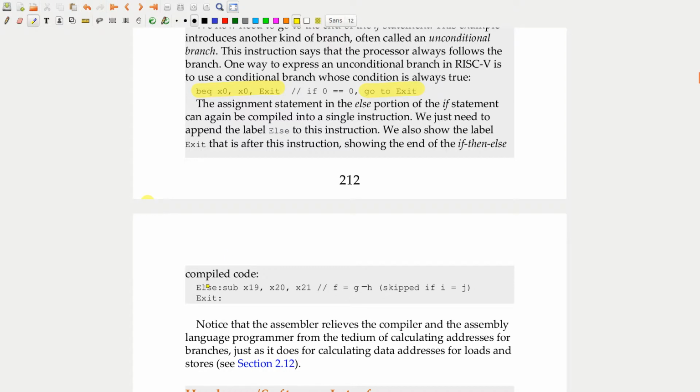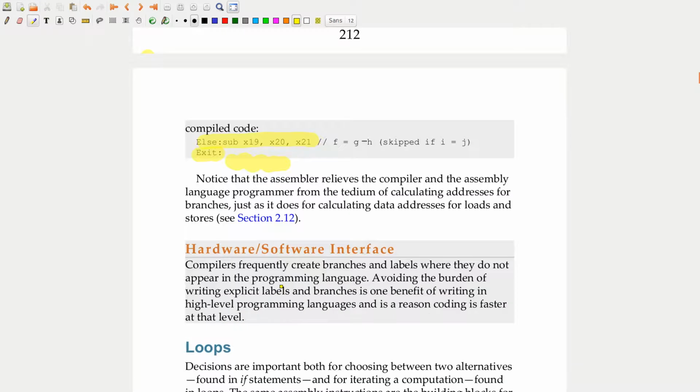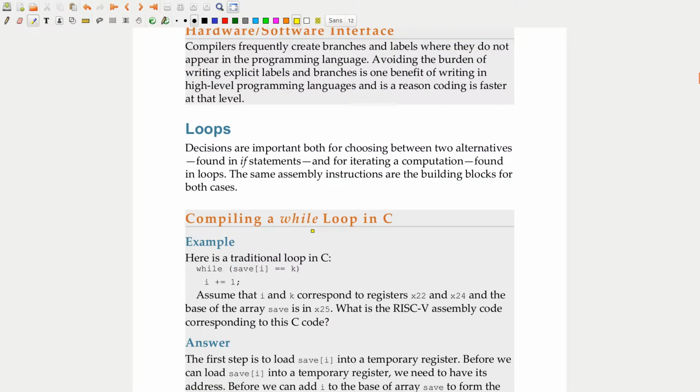Then they have a section of code for going to else. So this is where else goes to if it branches. And then finally we have an exit, and it'll do some kind of return down here. Okay, so loops work in the same way.